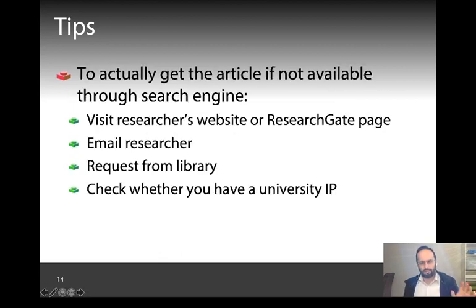Now, when you have actually fed your keywords, hopefully the right keywords, and you've got a list of papers back from a search engine, you might have trouble actually getting the article from the search engine, so actually getting that PDF file. If you have trouble finding the actual PDF file, probably the first thing that you want to do is to check whether you have a university IP, whether you have connected with a virtual private network, because typically universities, at least in the Netherlands, have subscriptions to online libraries.